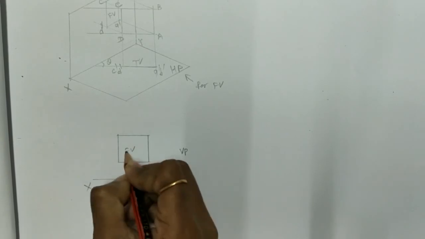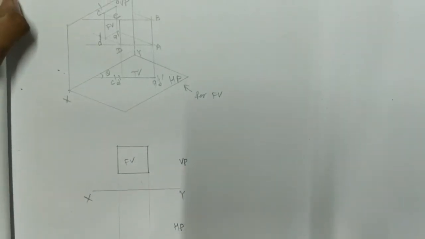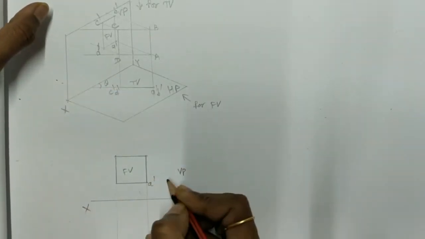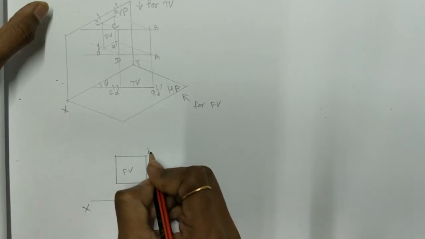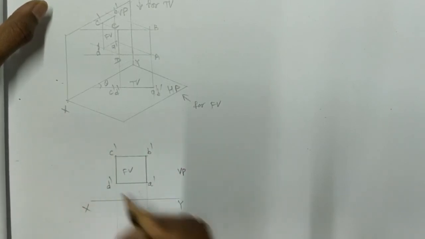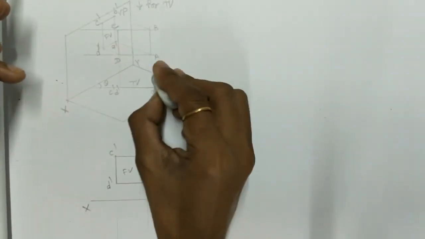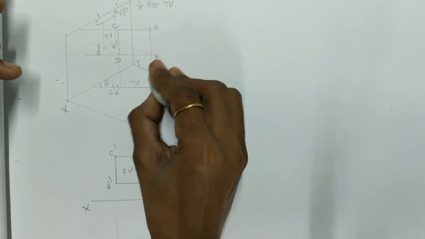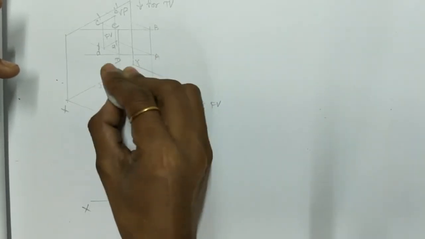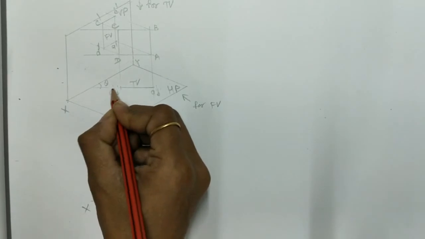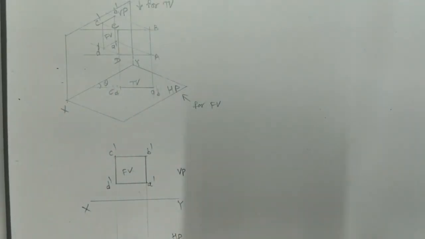So this is front view having dimensions A dash, B dash, C dash and D dash. Here for top view there is no dash. We can give original names, that is AB and CD. So we have completed front view.